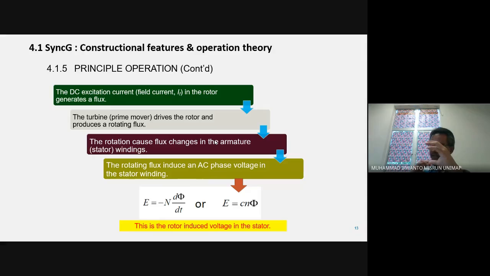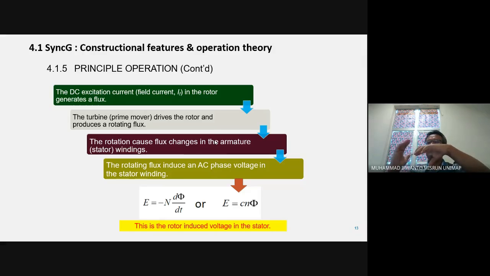For example, the DC generator produces DC current, and then the DC current is connected to the rotor winding to produce the magnetic field. After that, the rotor moves. Because the rotor moves, the magnetic field will move also, which we can call the rotating field.